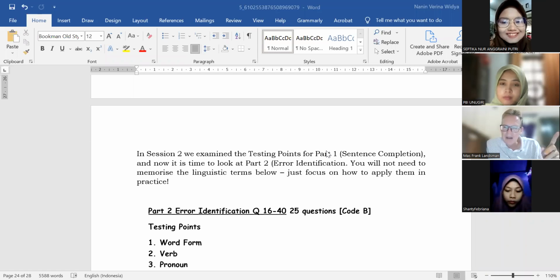Now, for this purpose, thank you for the lead in here. In session 2, we examined the testing points for part 1, sentence completion. Jadi masih ingat ya, minggu yang lalu ada yang hilang dari kalimat, ada blank, and you have to decide which word fits A, B, C, or D. Now, part 2 is more difficult.